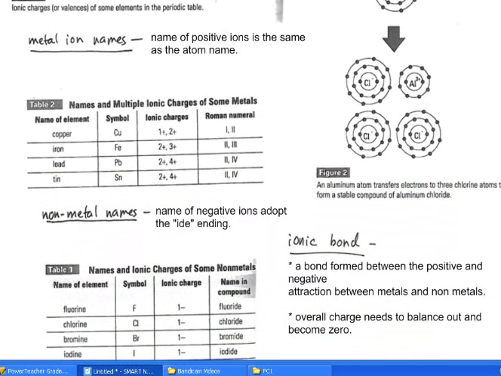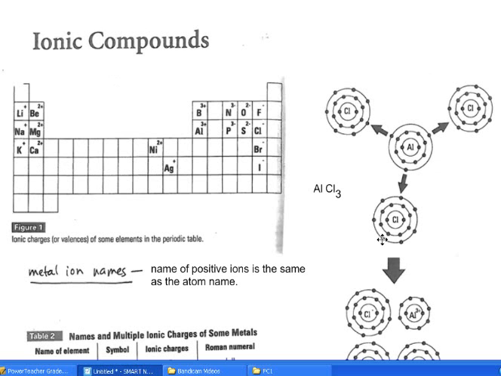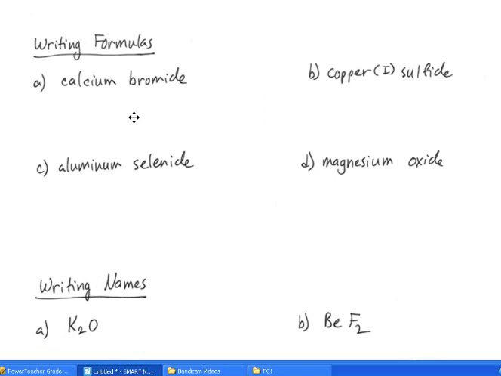So if we look at the next page, I have some examples here. Calcium and bromide. So we're going to have to look back at the previous table to figure out what the charge of each of these are. So calcium, 2 positive, bromide, -1. Okay, so we have calcium. I think I wrote that off the page here. I'll just bring it in.